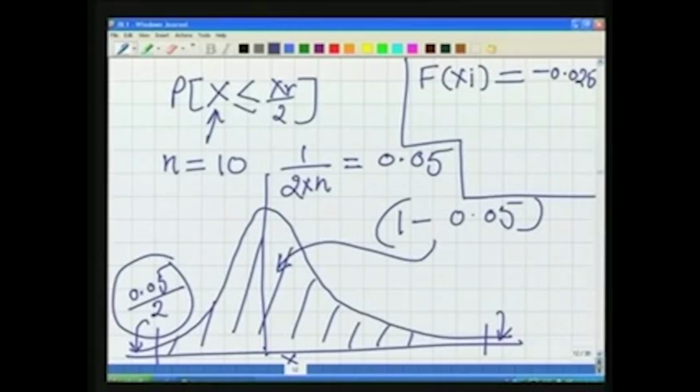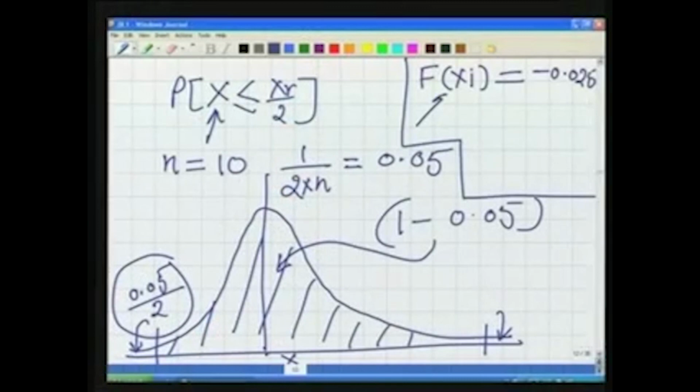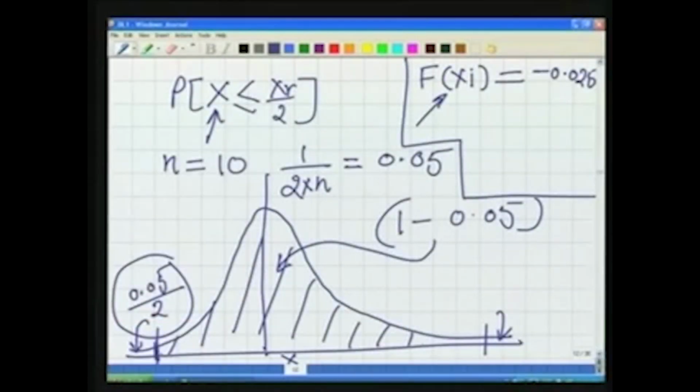So, what is the meaning? All those variables, we have seen this before also, all those variables for which the probability of occurrence is less than this value here. We want to determine what this value is.